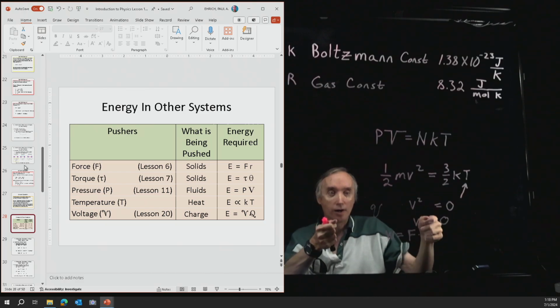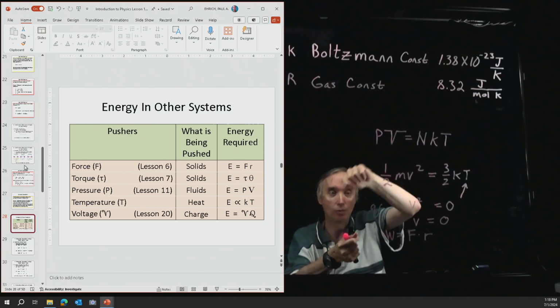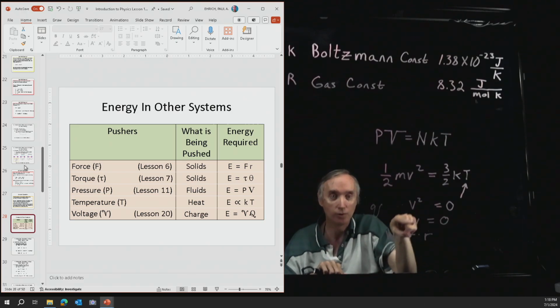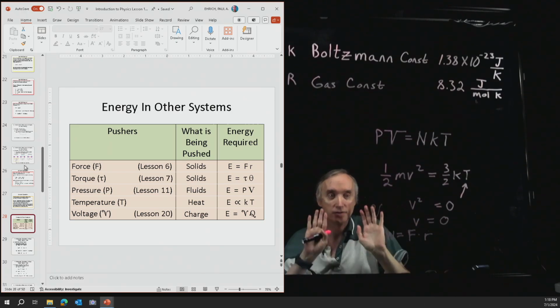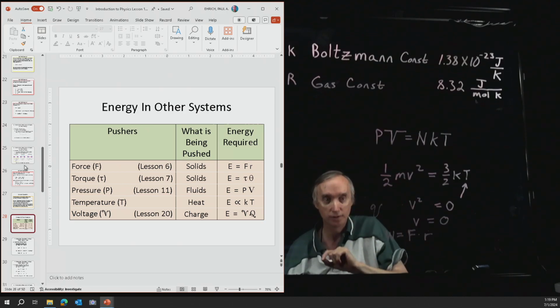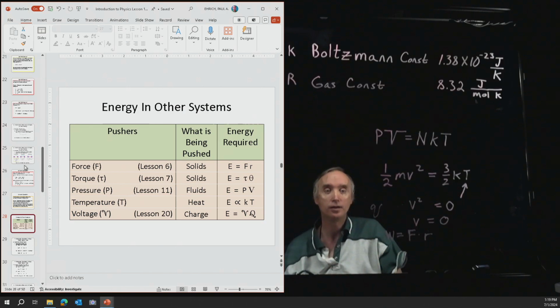So if you've got a wire, and you attach both ends of the wire to a battery, then electrical charges are going to flow in the wire. So the voltage is going to be the pusher of electricity, and there's energy associated with electricity. And so if you take the voltage and multiply it by the number of charges that are flowing in the wire, then that's the energy it would take in order to push all of that.